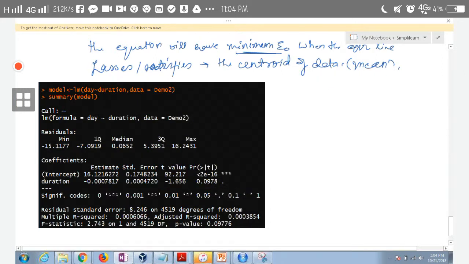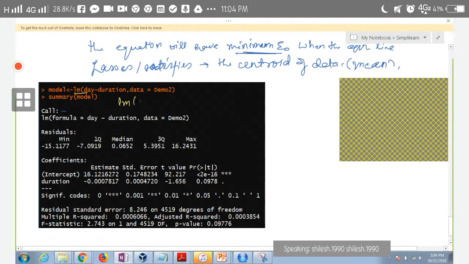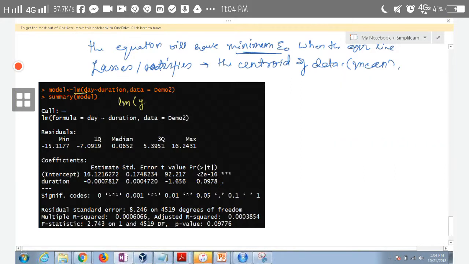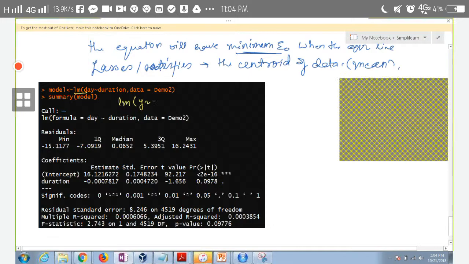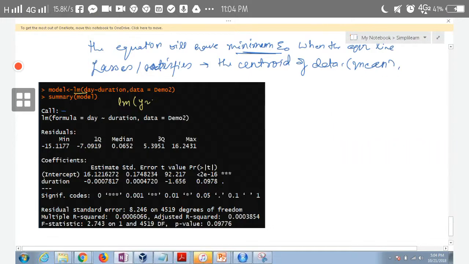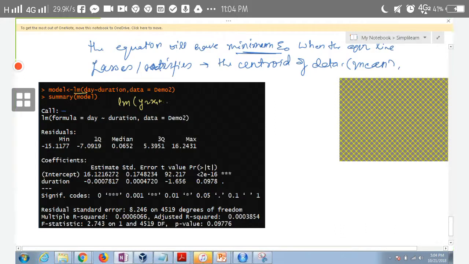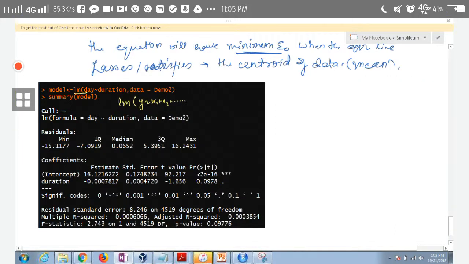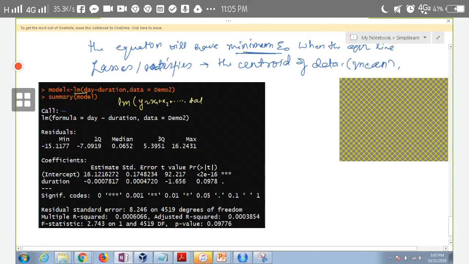Okay. So this is the way of doing linear modeling. You write LM and then you write Y, that is the dependent variable. Then you write X, or if you want more, X1 plus X2 plus and so on, and then you define the data set.